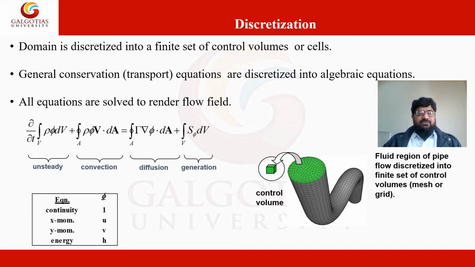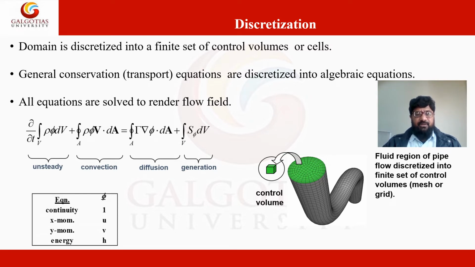So the general conservation equations have these terms, and all of these terms behave in a very different manner. So whenever we discretize an equation, we will take care of these terms and apply the appropriate choice of discretization to these terms. Because these terms behave in a different manner, the unsteady terms will be discretized on a time basis, and the convection terms have a non-linearity, second order non-linearity.